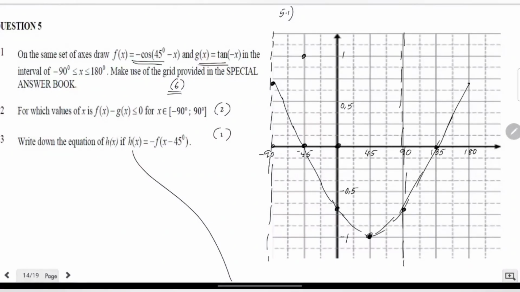Then at 135, going back to 1, isn't it? So 135 is going to be 1, and 180 is going to be like this. So how do you draw the tan graph? Guys, it has to go like this. It's a curve actually.